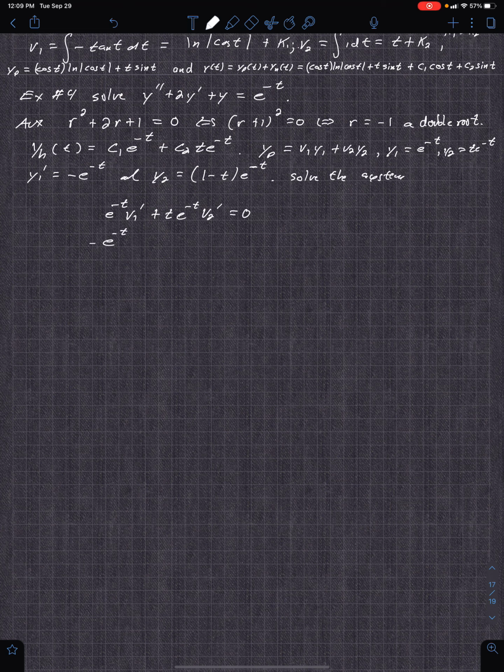Negative e to the negative t v1 prime plus 1 minus t times e to the negative t v2 prime equal to e to the negative t. All right, so then solve for v1 and v2. All right, so I'll let you take it from there. Okay, so finish that, and then I'll just paste over the rest of it for you to have. Okay, so pause it and finish that.